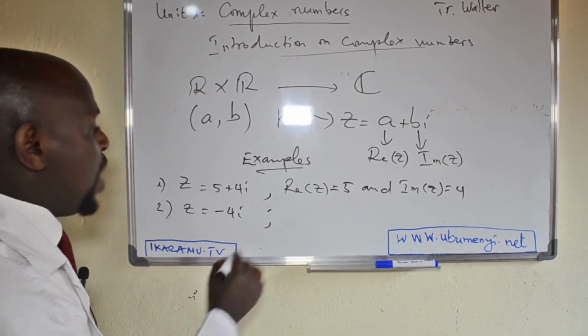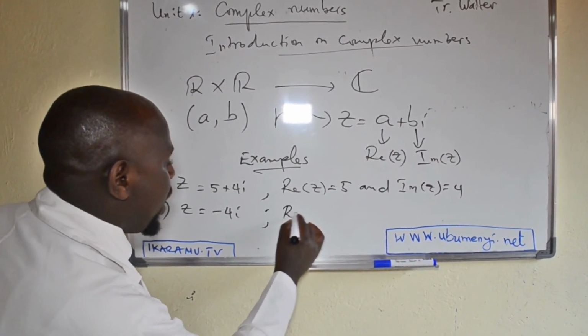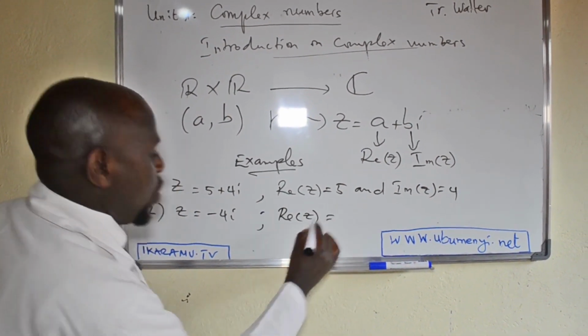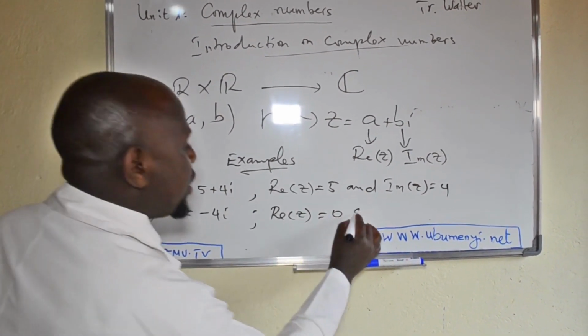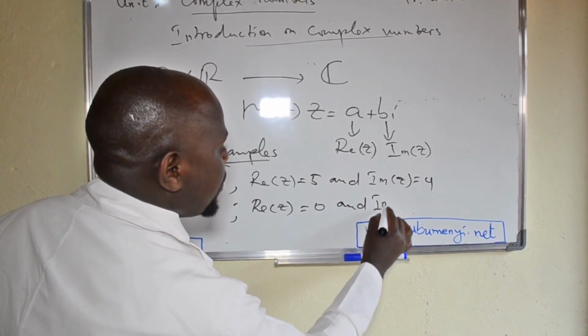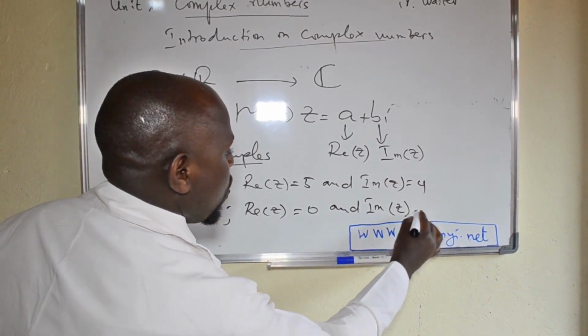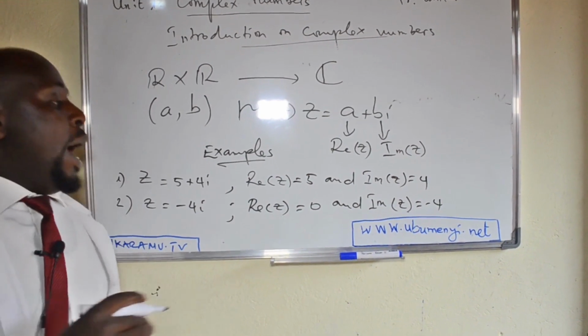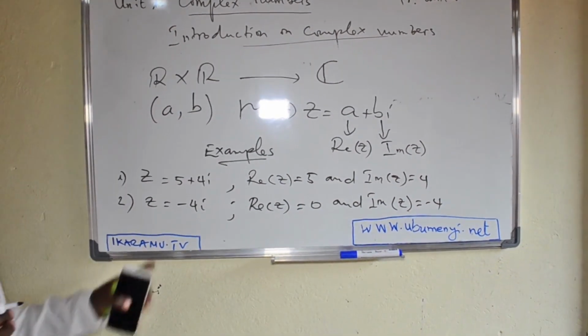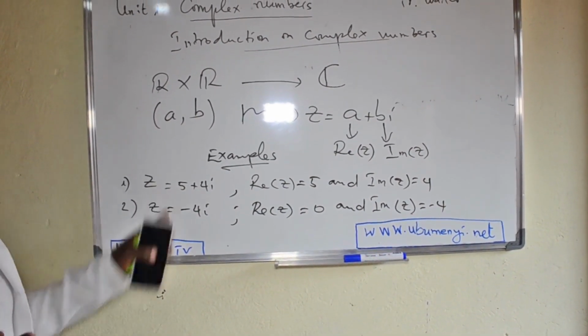So here we have that the real part equals 0 and the imaginary part of Z equals negative 4. So the problem will be now to make the difference between the two complex numbers.